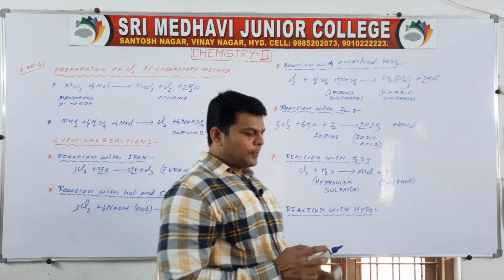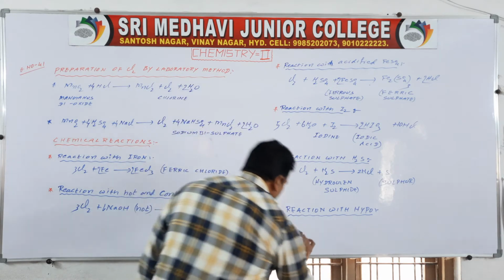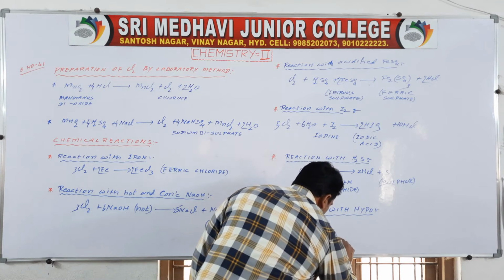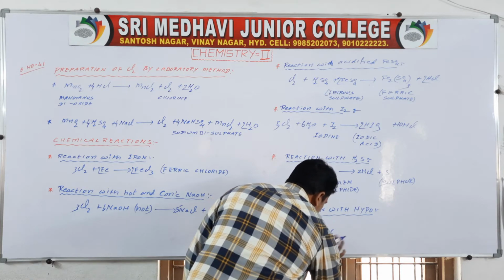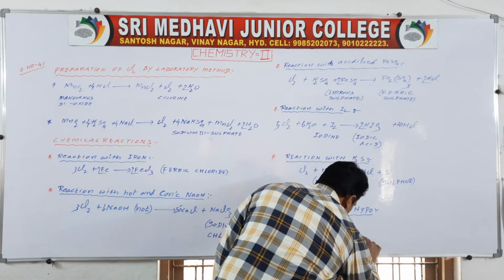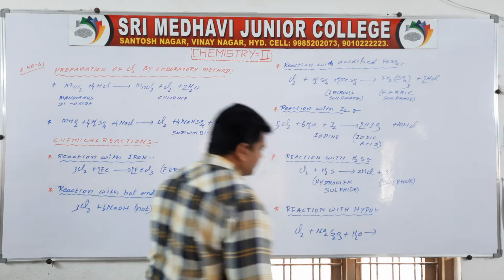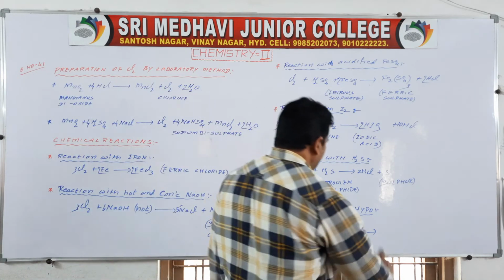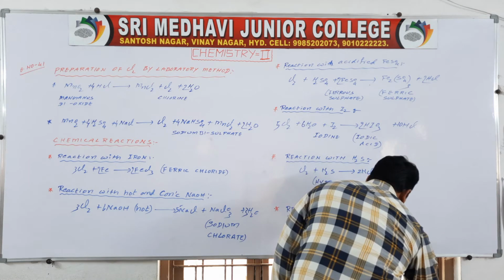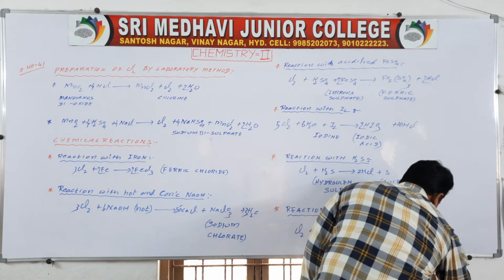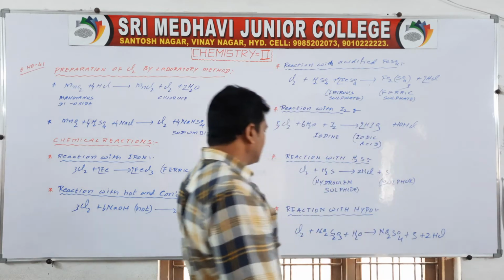Reaction with hypo: see here, Cl2 reacts with Na2S2O3 plus H2O. In the presence of H2O, it gives rise to Na2SO4 plus sulfur plus 2HCl.